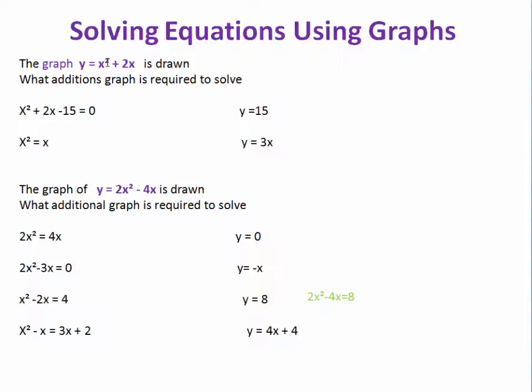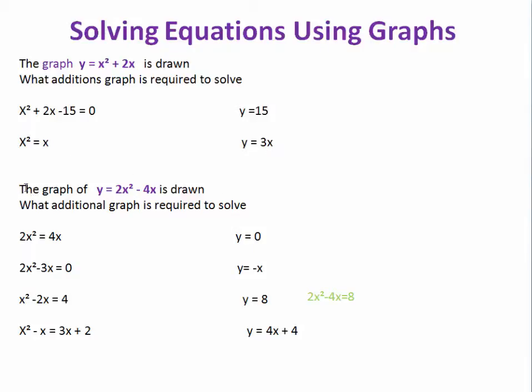If we have x squared plus 2x equals 3x, then if we want it to equal 0, we minus 3x when we bring it over to the left hand side. So this would become x squared plus 2x minus 3x, which is the same as x squared minus x equals 0.